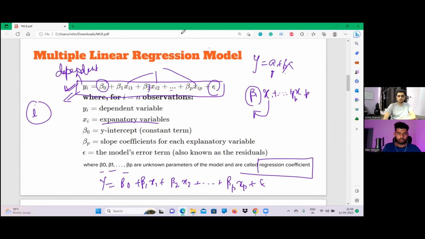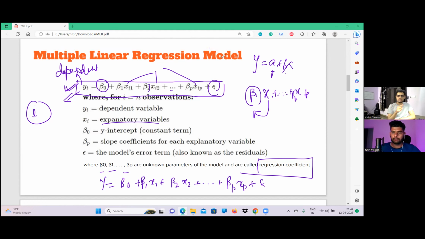The right hand side is basically the summation of all the x variables multiplied by a coefficient. And there is an error term, because no line will exactly fit each of the points. The difference between the actual value of y and the predicted value of y is the error term.